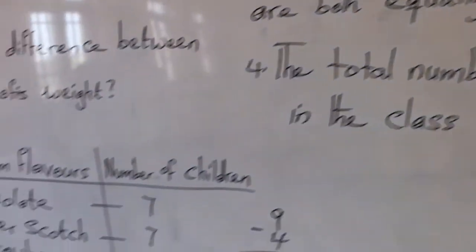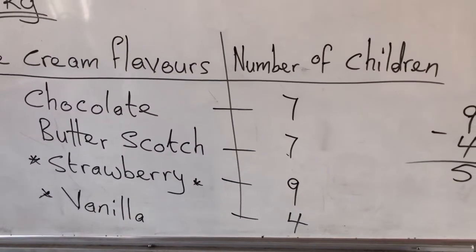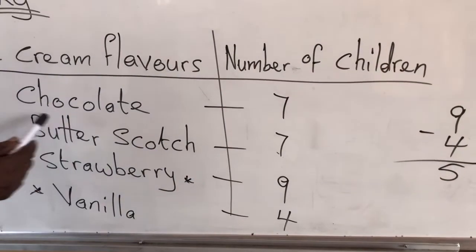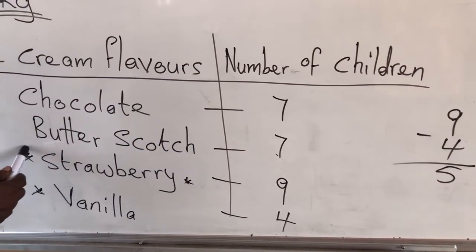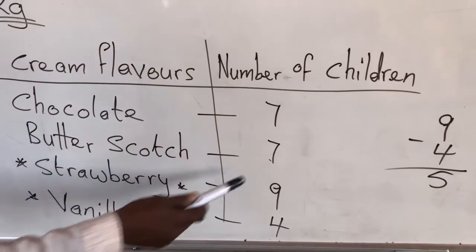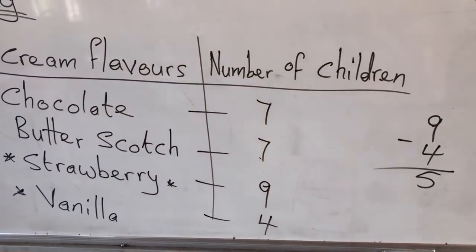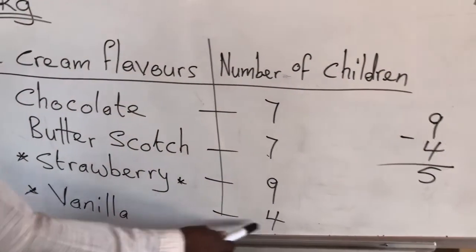We have chocolate 7, butterscotch 7, strawberry 9, and vanilla 4.